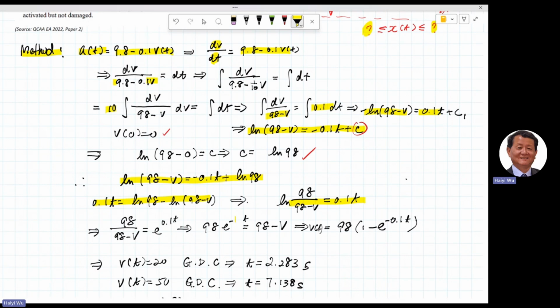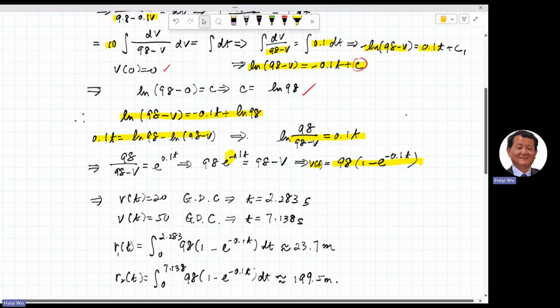The final result for velocity with respect to time is that formula. Now, why is it negative? Because I moved it to the other side and it became a negative index.